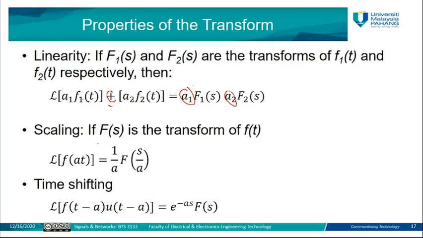Time shifting: if the function is shifted in the time domain, its value in the frequency domain will also be affected. So here, for example, you have the Laplace of f(t minus a) u(t minus a). That means when you multiply the function by u(t minus a), you shift it in the time domain. This shift will be reflected in the frequency domain, so you have exponential negative a s times the function F(s).